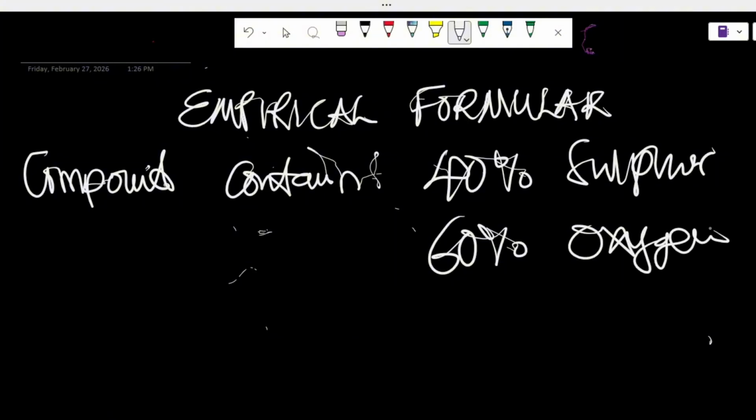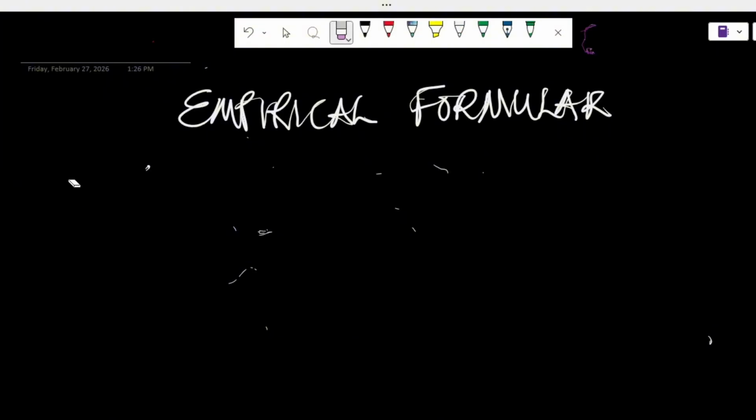Now find the empirical formula using the information provided. So how do you deal with this particular problem? Now, the first thing to understand is that according to the first step, you have to convert these masses to moles. Now, notice that we have percentages here.